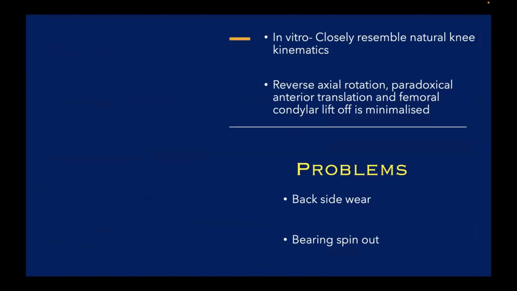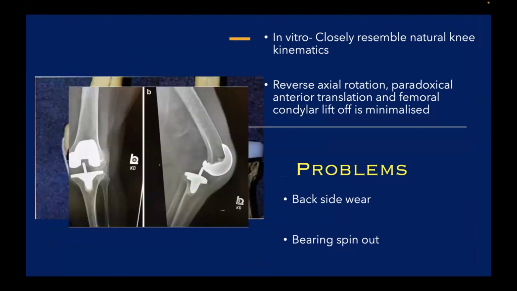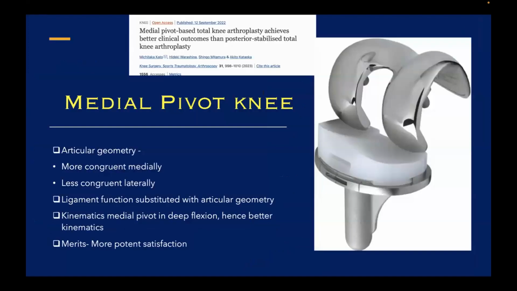In vitro, these closely resemble natural knee kinematics. The reverse axial rotation, the paradoxical anterior translation, and femoral condyle liftoff are minimized in mobile bearing. But the problem is the high chance of backside wear and bearing spin out, as seen in this X-ray.